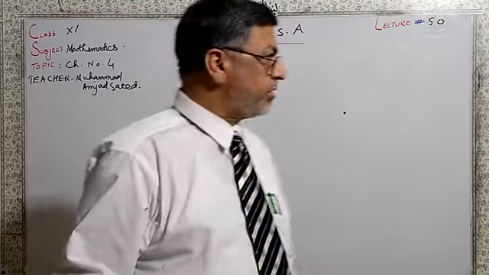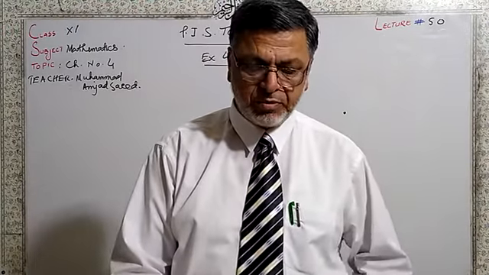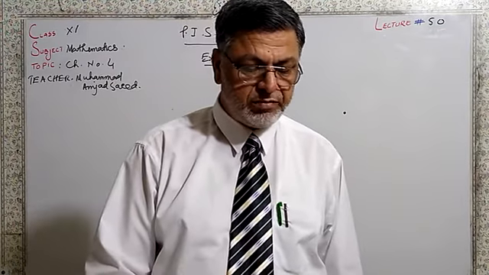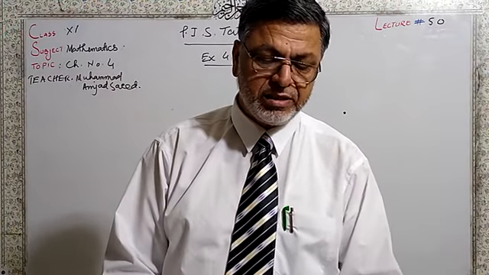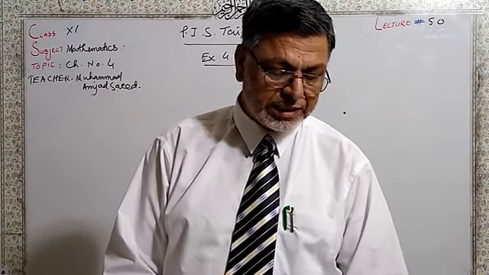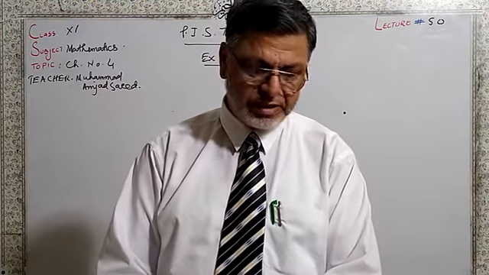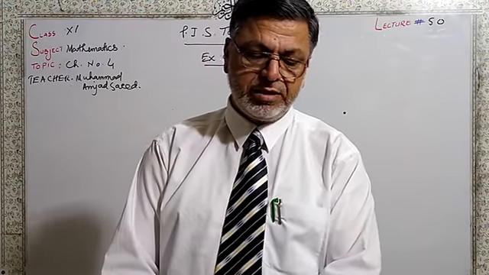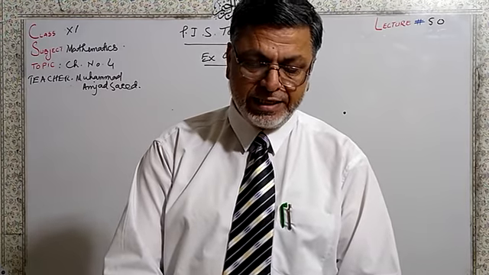Today we are going to continue our lecture number 50 and exercise 4.3, question number 3. We started exercise 4.3 last time, and before that we finished exercise 4.2, which contained different types of equations, that is exponential equation, reciprocal equation, similarly radical equation.